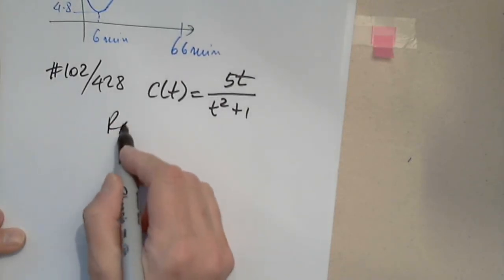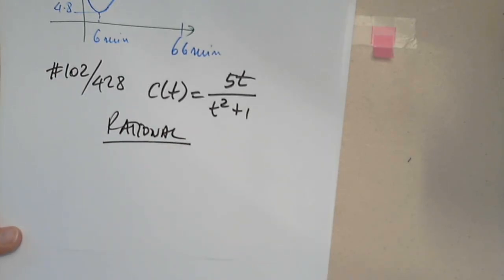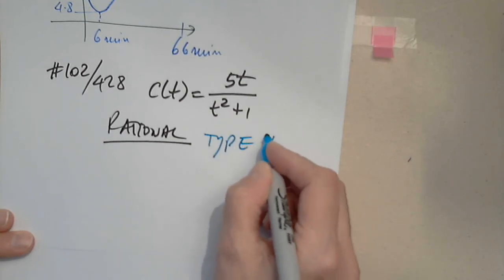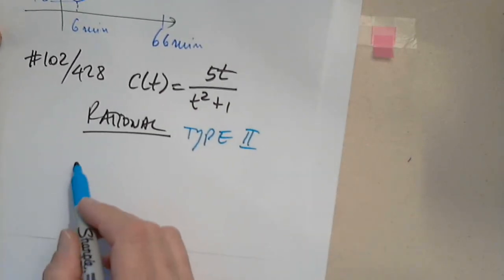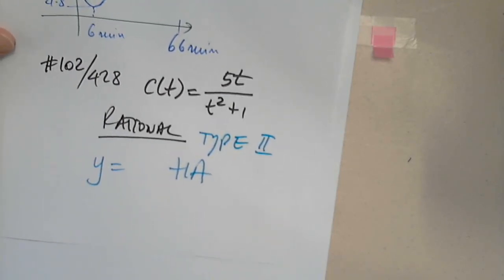So it's a rational. What type of rational? Is it type 1, type 2, or type 3? Type 2. Very good. Because it's type 2, what is the horizontal asymptote? Y equals 0.